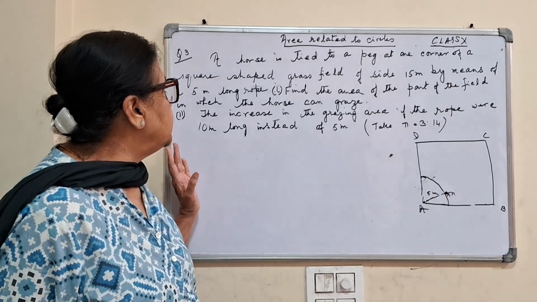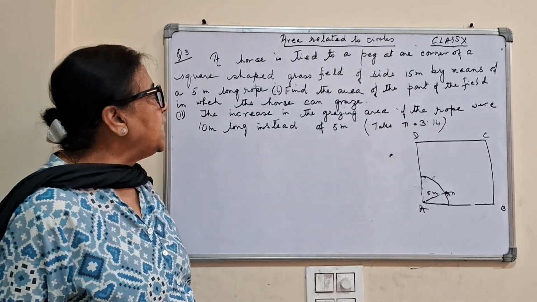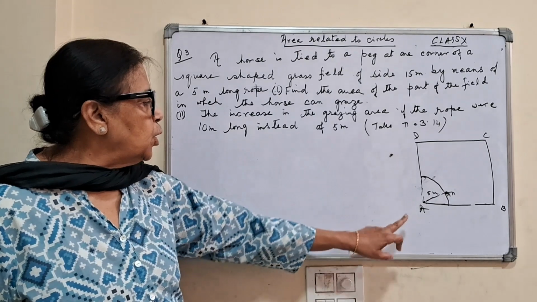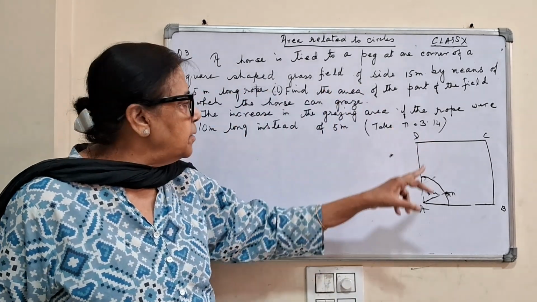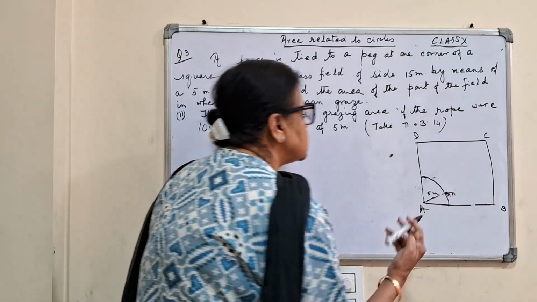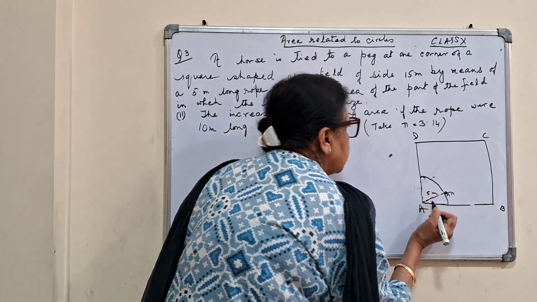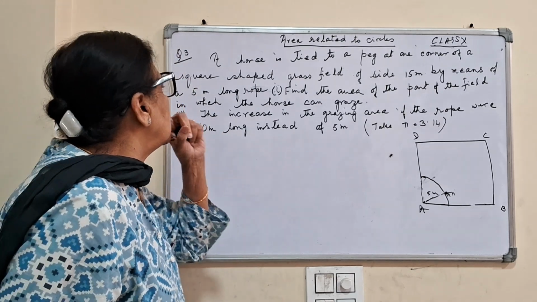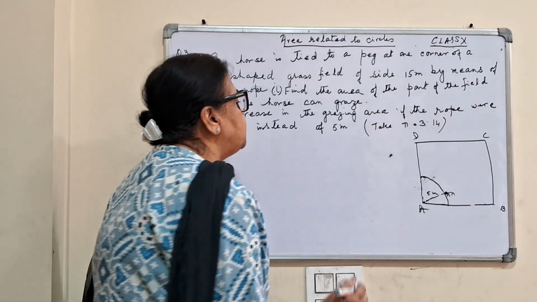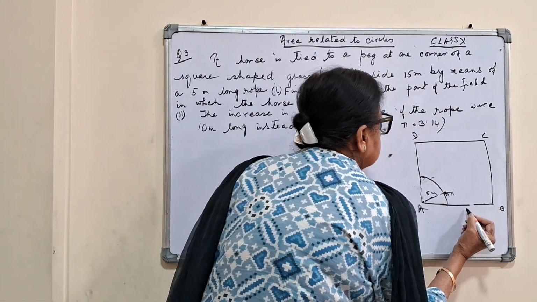The question number 3. A horse is tied to a peg at the corner of a square-shaped grass field. This is a grass field, ABCD is a grass field, and the grass field of side 15 meter.